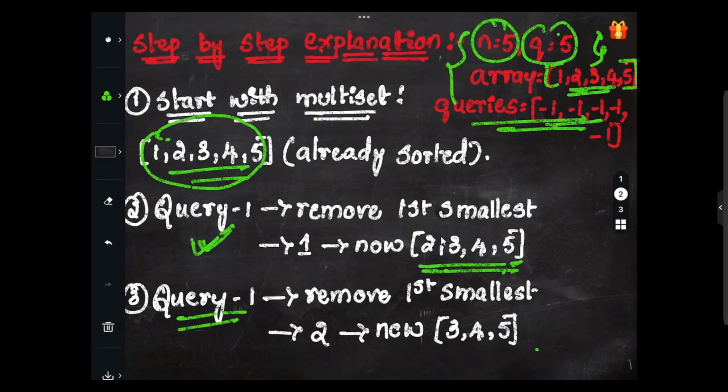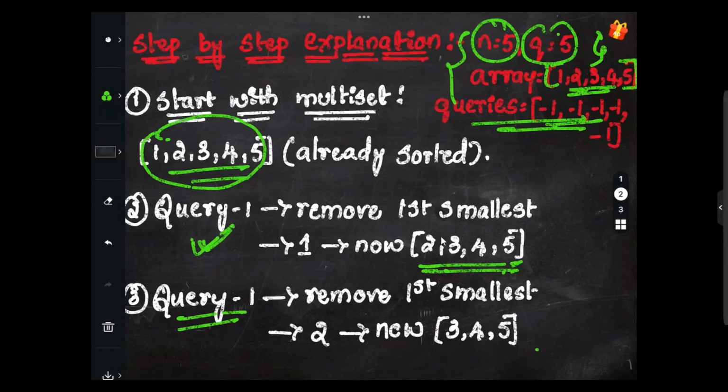We have to remove the first smallest again. So in this case we will be removing 2, and we are left with the numbers 3, 4, 5.